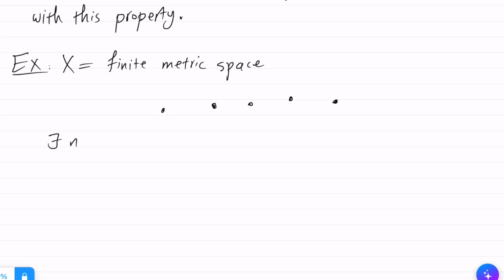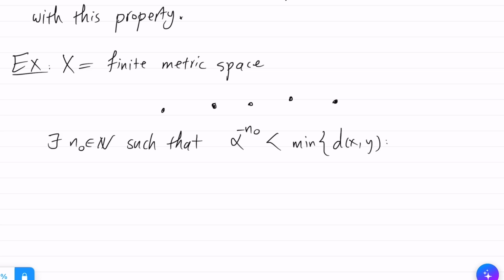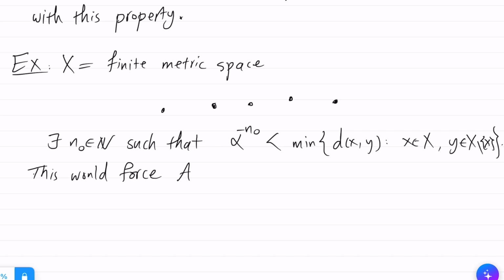There exists some n naught such that alpha to -n naught will be less than the minimum of the distances of points in your metric space, and that would force, because of maximality of An, them to be all of the space.